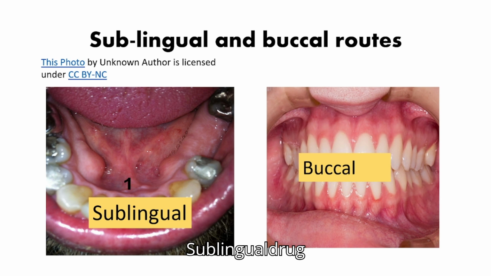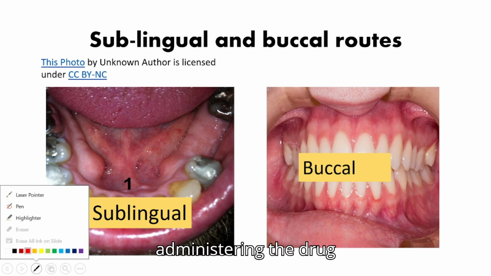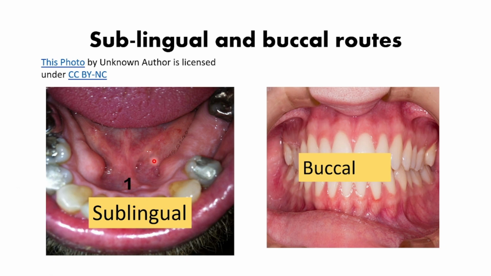Sublingual drug administration entails administering the drug under the tongue, while buccal drug administration entails administration of the drug between the cheek and the gum.